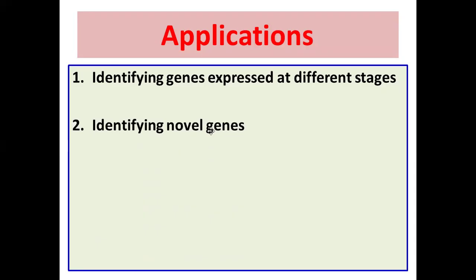Identifying novel genes: novel genes means plants which are growing in extreme conditions, like desert conditions or floods, or in salty conditions. If you isolate a particular organ or tissue from a particular plant and process it, you will know what specific genes are expressed for that particular condition or particular organ also.